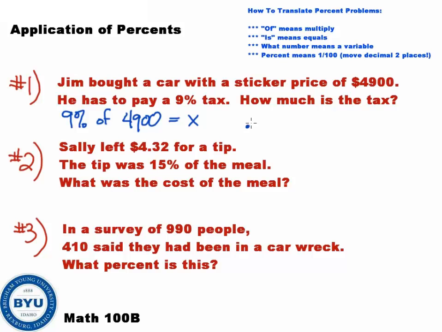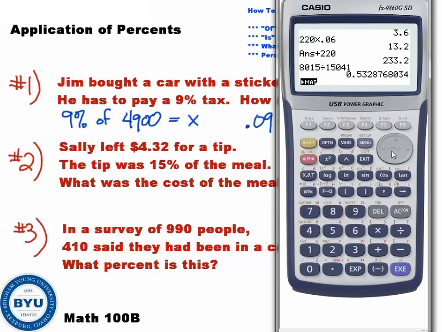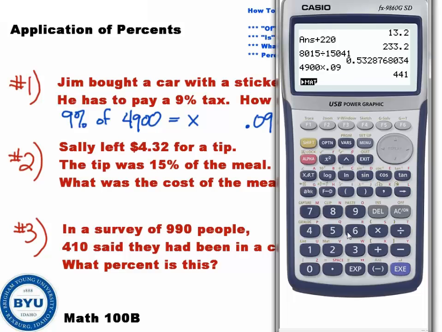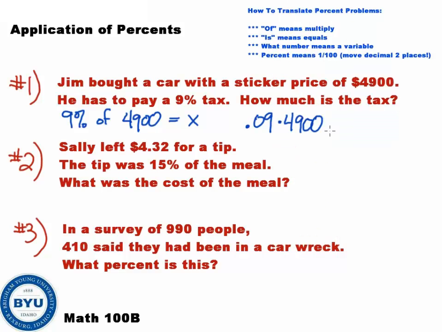So we need to do 0.09 times 4,900, and that'll help us find out what the tax is of this car. So $4,900 times 0.09, he's going to have to pay $441 for the tax. $441 is going to be the tax for that car.